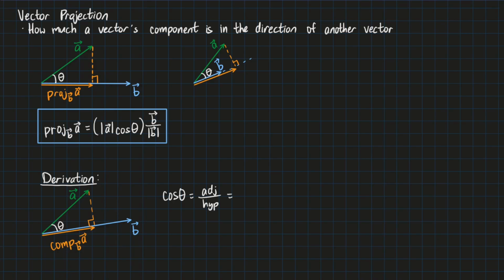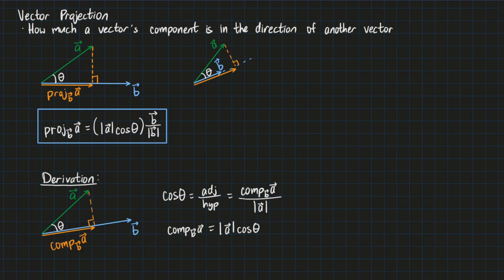Adjacent to theta is the component of A onto B, and the hypotenuse is the magnitude of A. So the component of A onto B equals the magnitude of A times cosine of theta. So that is the length of the vector.